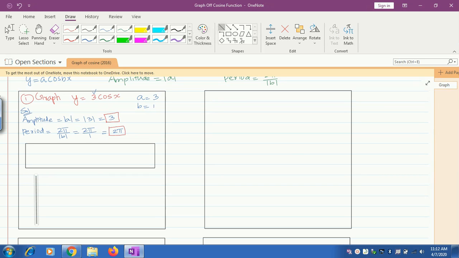Here this is the y-axis, this is the x-axis, this is 0, and here x, this is y.